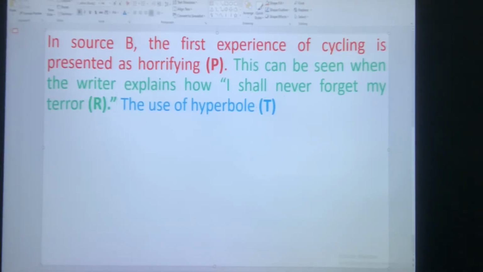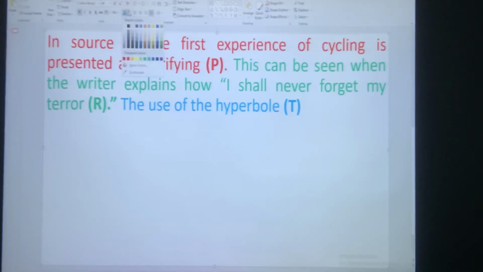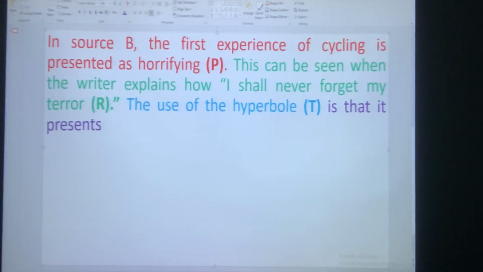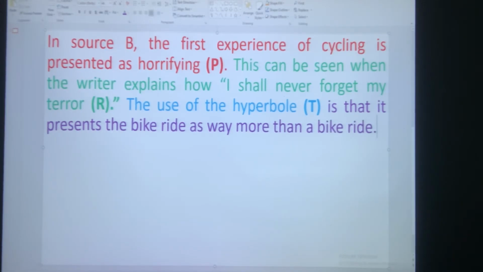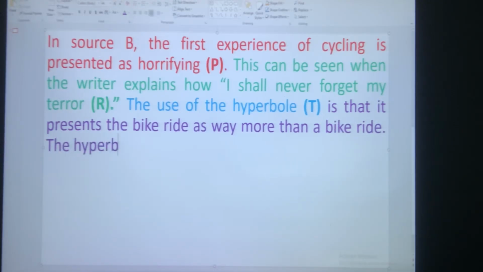Now, let's begin, guys. The use of the hyperbole is that it presents the bike ride as way more than a bike ride. The hyperbole juxtaposes, guys, here means contrast, a conventional bike ride.